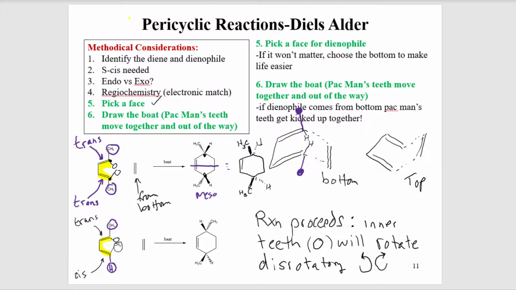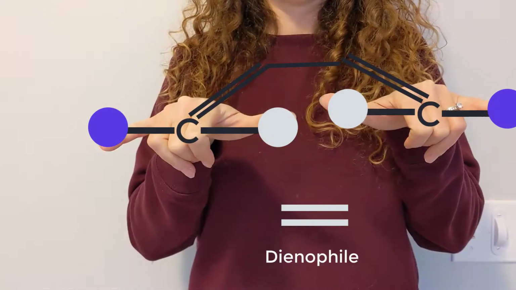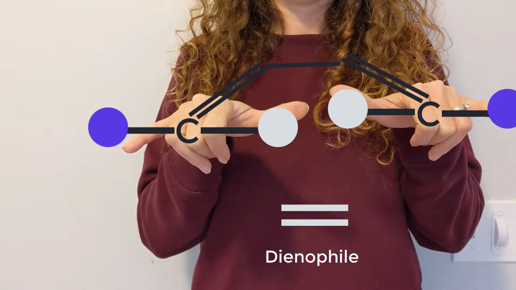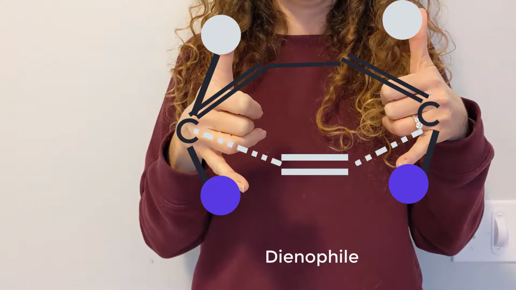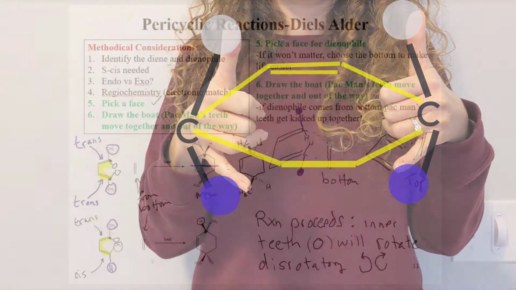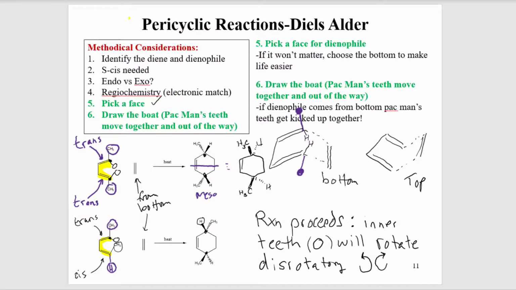and a hydrogen. So if I pick a face, bottom face, from the bottom, I knock the teeth up. That means the hydrogen for the top carbon after the Diels-Alder is knocked up, and the tooth at the bottom is the methyl. So the methyl on the bottom one gets knocked up. Notice that this is a different orientation than the above.